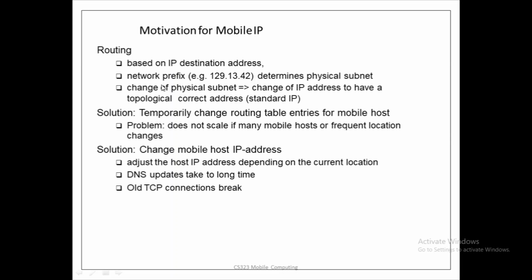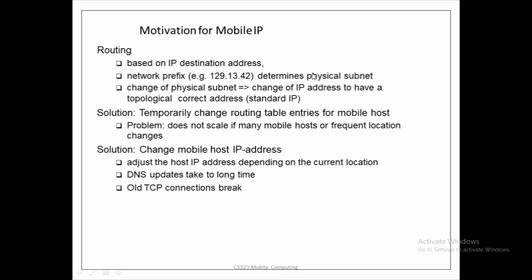The host sends an IP packet with a header containing the destination address along with other fields. The destination address not only determines the receiver of the packet, but also the physical subnet of the receiver, or network prefix.